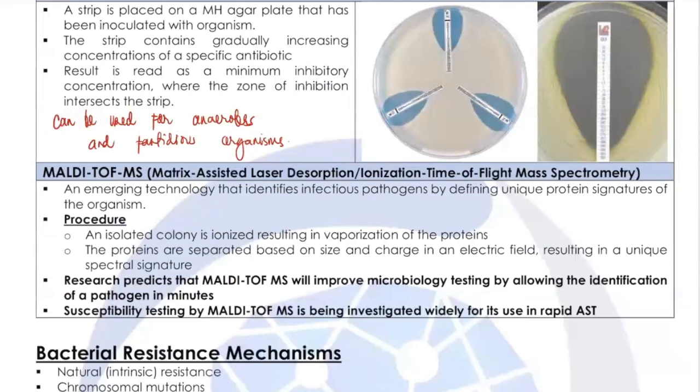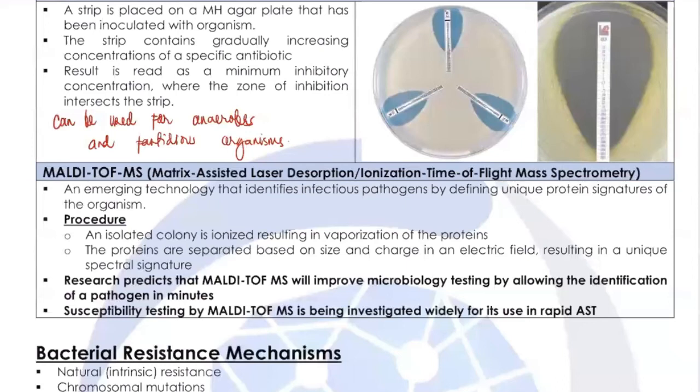Now, which of the following, kumbaga daw, yung advantage of the MALDI-TOF? And nandun sa choices, guys, yung rapid antimicrobial susceptibility. So, we cannot answer that yet because, kumbaga, nasa research pa lang siya. Your MALDI-TOF MS assay is useful for rapid identification of pathogens, but is yet to be used for rapid antimicrobial susceptibility testing.